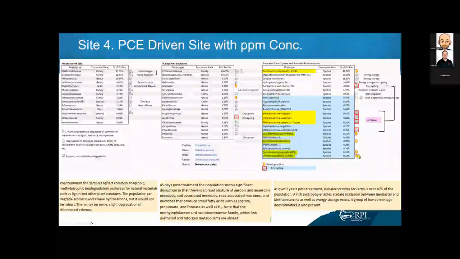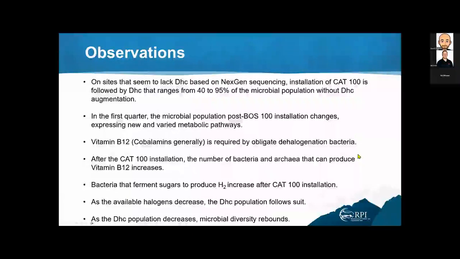I've also marked some archaea here, some Methanosarcina. They can also be B12 producers and things like that. So what are the observations that we've made in this kind of little voyage through some data?